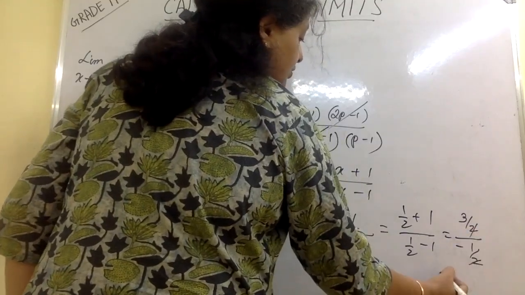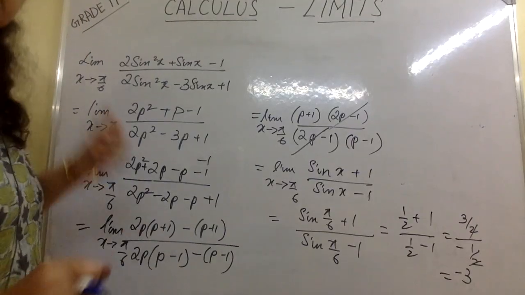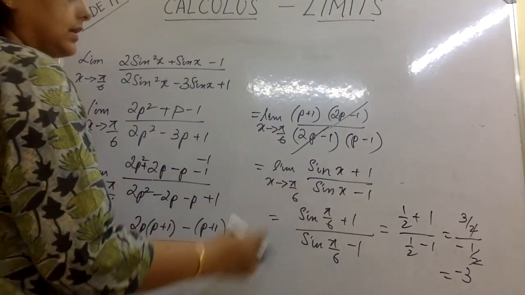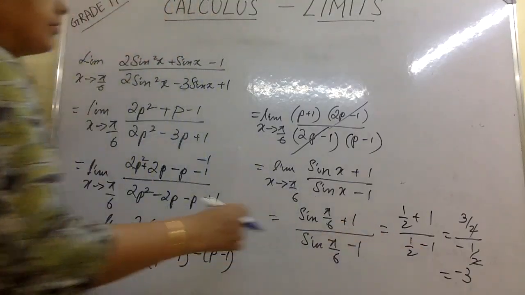Cut the 2, so it becomes minus 3. So that is the answer, minus 3, because this is minus half, from there we get the minus.